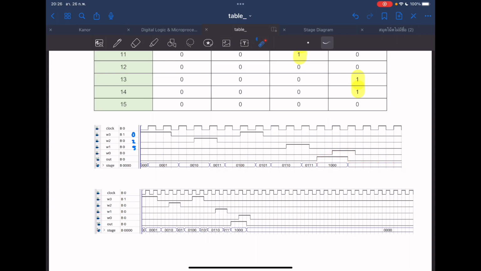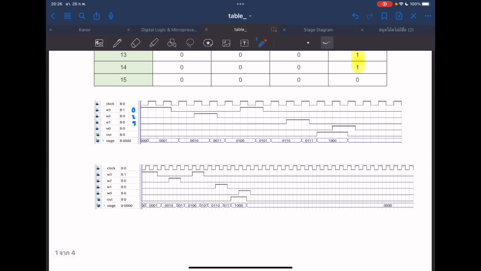This one is output, and then we click the wrong switch, which is W0, and then it's going to be this one. Okay, so it's next picture. This one is stage 8, and then we click the wrong one, and let's go back to stage 0.